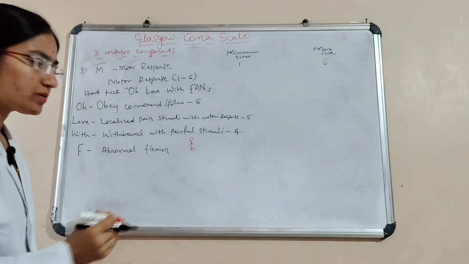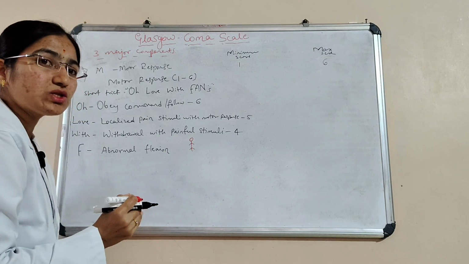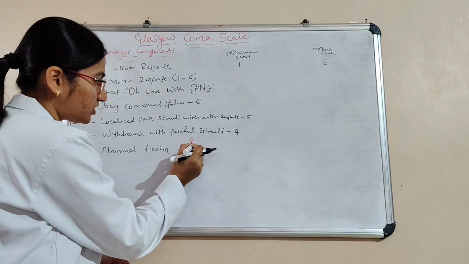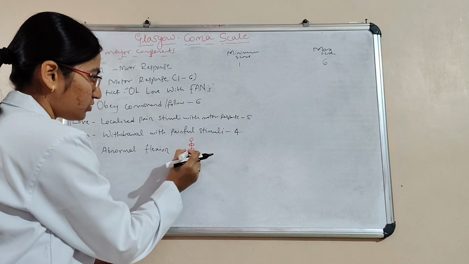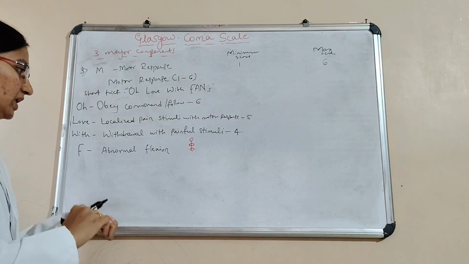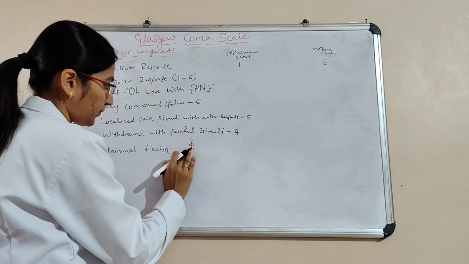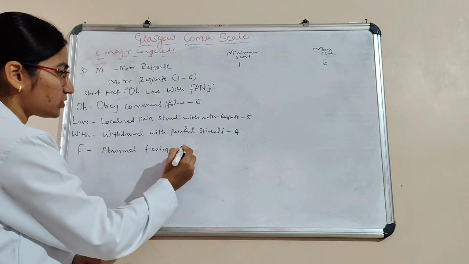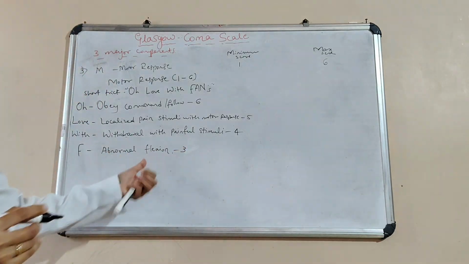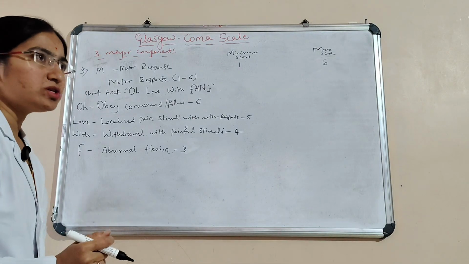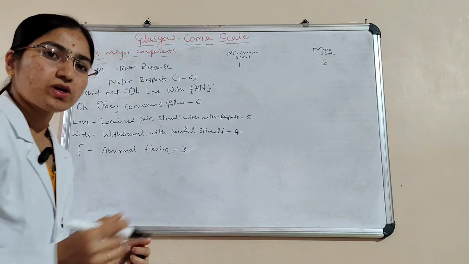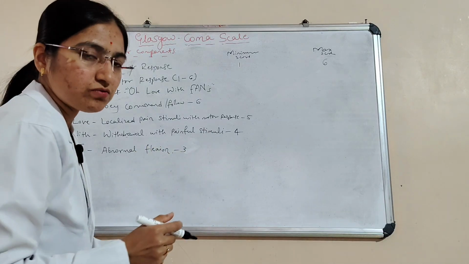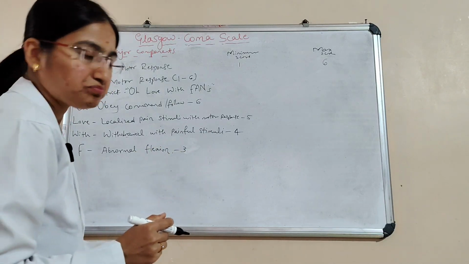Abnormal flexion in the sense arms are C-shaped. He is going to take this flexion. We can give this score as 3. Flexion means that arms come in with a C shape, and then extremities go inward direction.